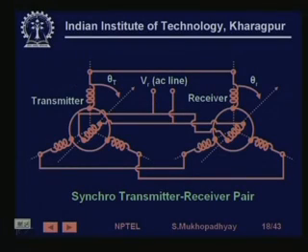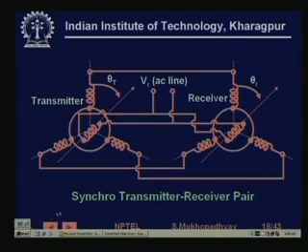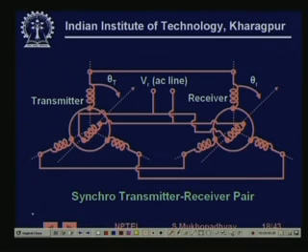We can look at that later, but to understand this, what happens is that you have a machine on which you have three coils, and you are going to excite these three coils by a single phase AC. You have to remember that these coils are at some distance apart.